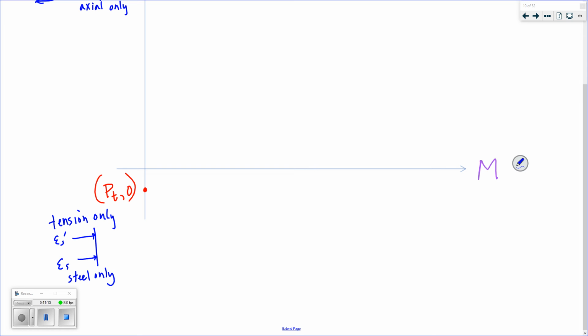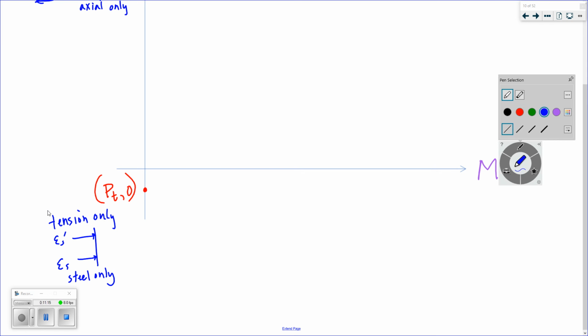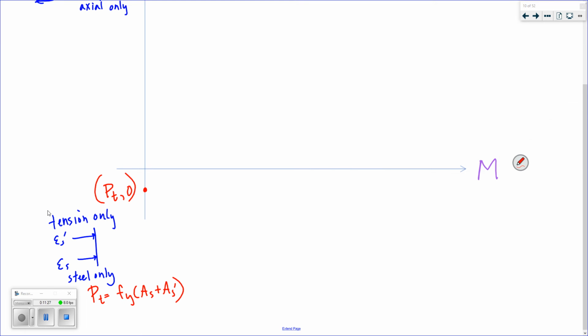And your associated axial load with that is your yield stress times your 2 areas of steel. There could be a little bit of a moment if your 2 areas of steel are not equal.